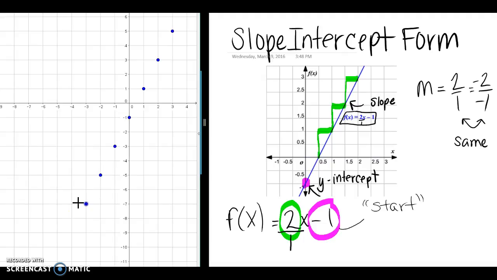Now we have a greater picture of what our line is going to look like. You never just want to plot 2 points, because you're not going to get an accurate depiction of the line. Alright, so now we're going to draw in our line. Woohoo! We have our line.